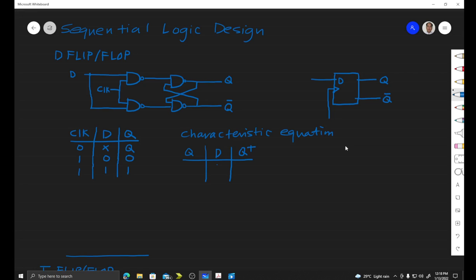Suppose we have D as 0, 1, 0, 1, and state Q as 0, 0, 1, 1. Then our next state Q plus is still our input D, that is 0, 1, 0, 1. That is, Q plus is equal to D. This is our characteristic equation, and that will be used in our Verilog HDL.